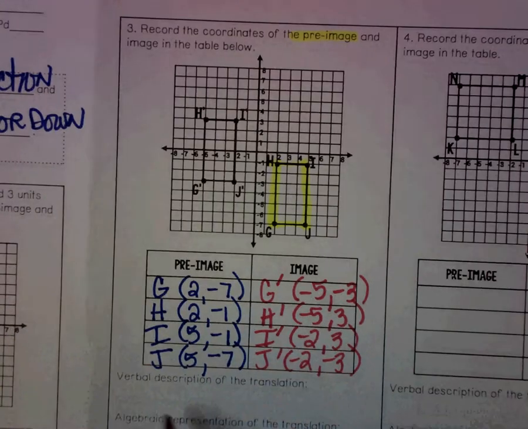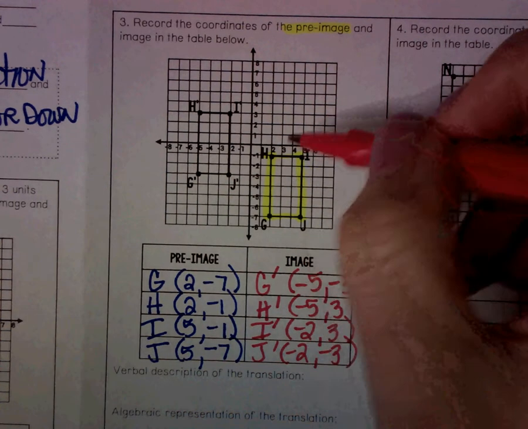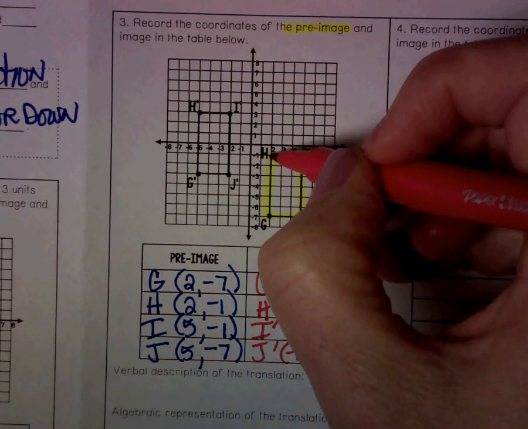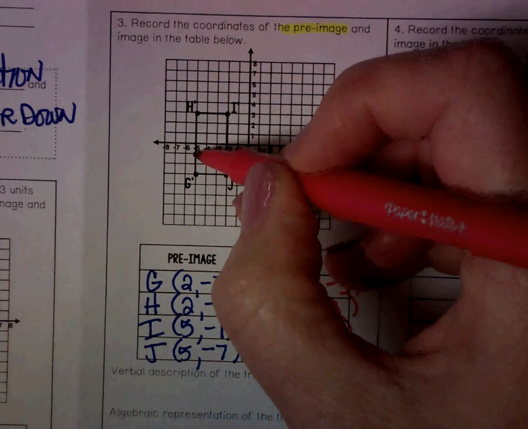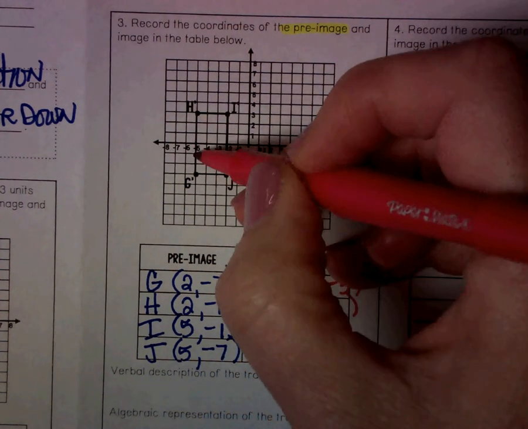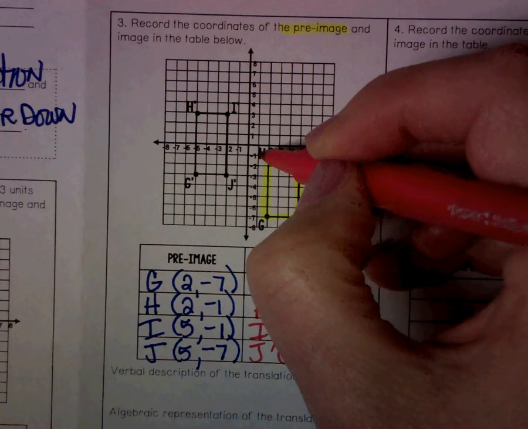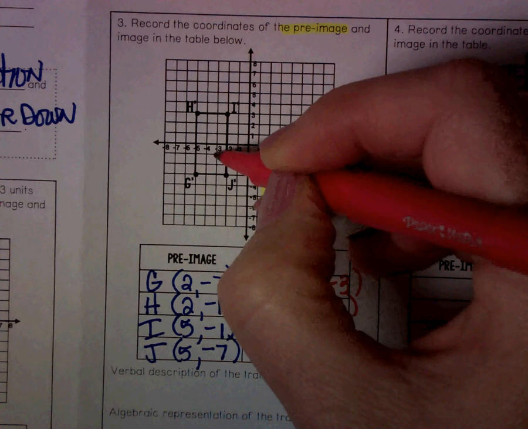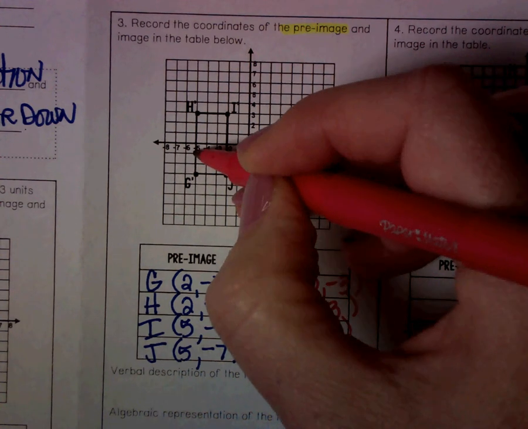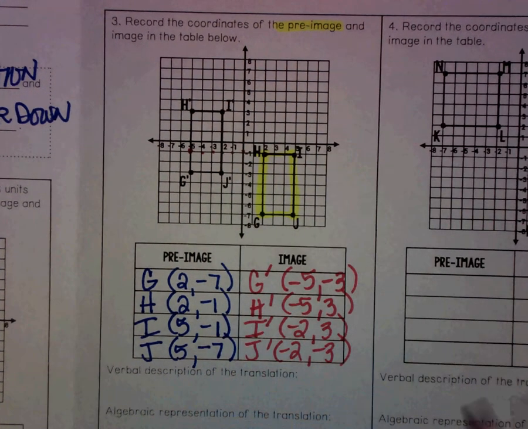Okay, so let's talk about what happened. Let's talk about left or right first. Let's just pick a point. Point H, let's count how many we went over to be even where H prime is. We went over 1, 2, 3, 4, 5, 6, 7. We went over 7, and we went to the left.